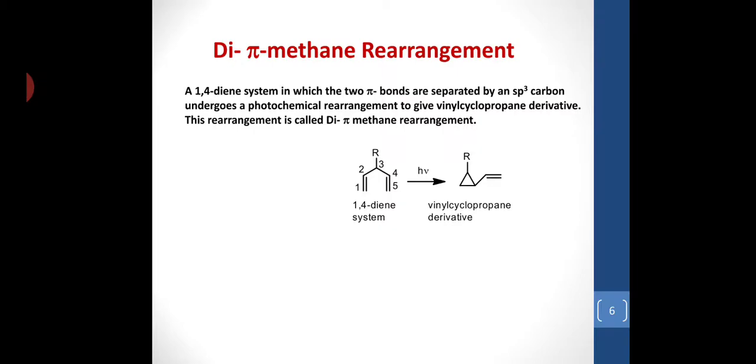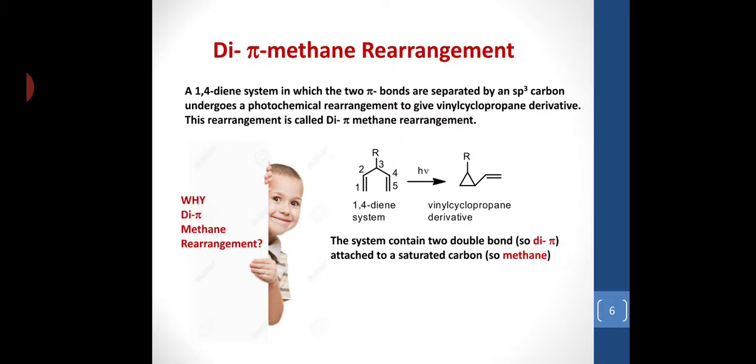Now let's focus on the name of the rearrangement reaction. Why di-pi-methane rearrangement? The system has two double bonds, so it is called di-pi, attached to a saturated carbon, so methane.